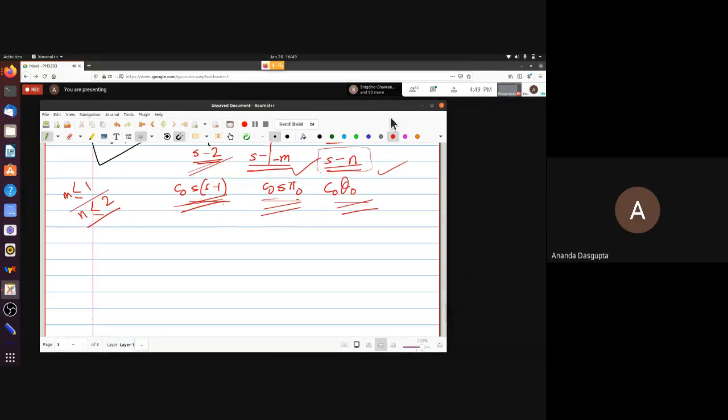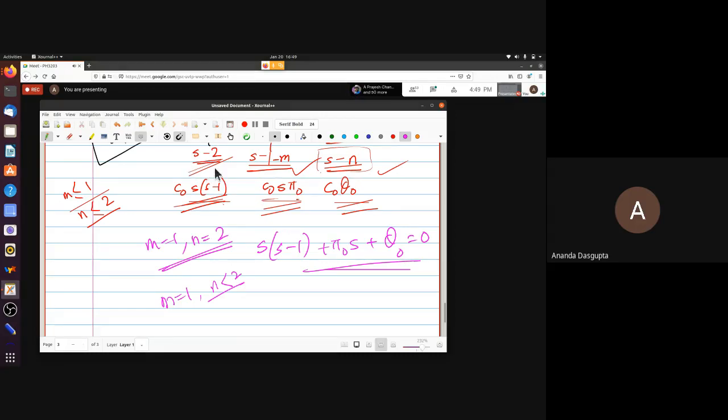So for m equals 1, n equals 2, which is the extremal case for regular singular points, the indicial equation will be s into s minus 1 plus p0 into s plus q0 equals 0. A quadratic equation. If say m is 1 and n is less than 2, then what will happen?